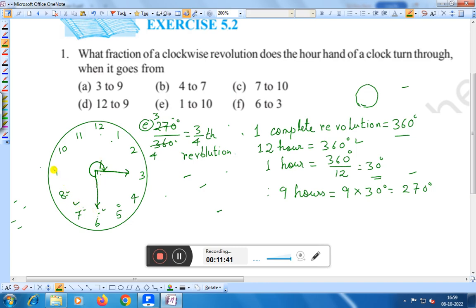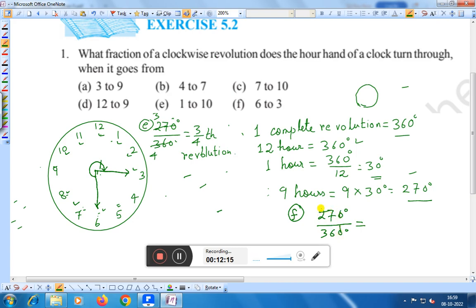And how many hours do you count from 6? 1, 2, 3, 4, 5, 6, 7, 8, 9. 9 hours. And we know that 9 hours is 270 degree. Therefore, fraction F will be 270 degree over one complete revolution, 360 degree.